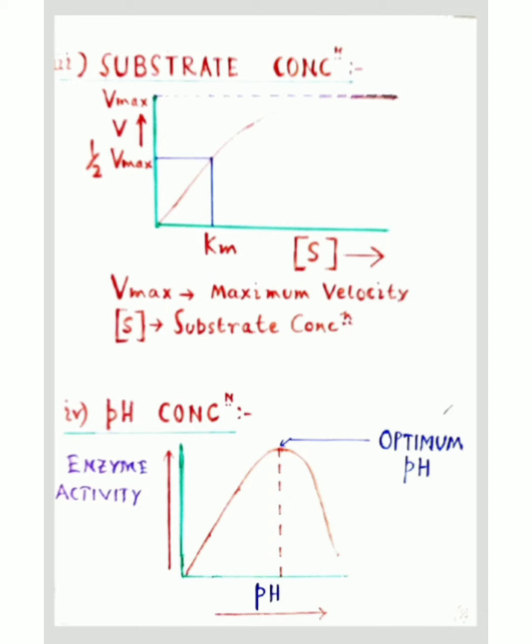Influence of pH over enzyme catalyzed reaction. Like temperature, enzyme activity is maximum at its optimum pH. At pH much lower and higher than the optimum pH, the enzyme activity is very low.